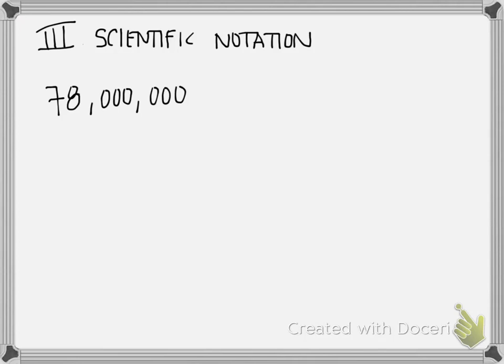So you're going to move it to the left. 1, 2, 3, 4, 5, 6, 7. So this is going to be 7.8 times 10 to the 7th power. It's a positive, right? So how many places do we move? 1, 2, 3, 4, 5, 6, 7.